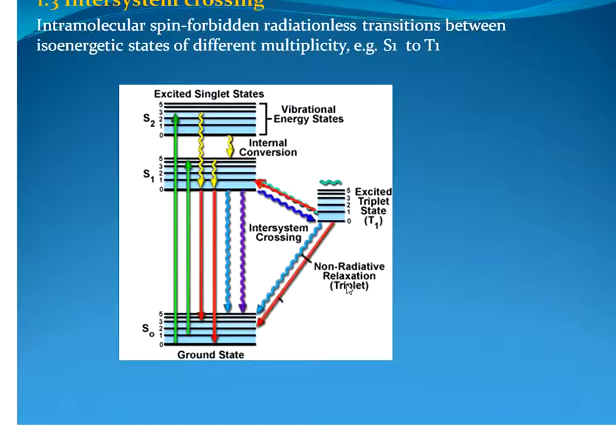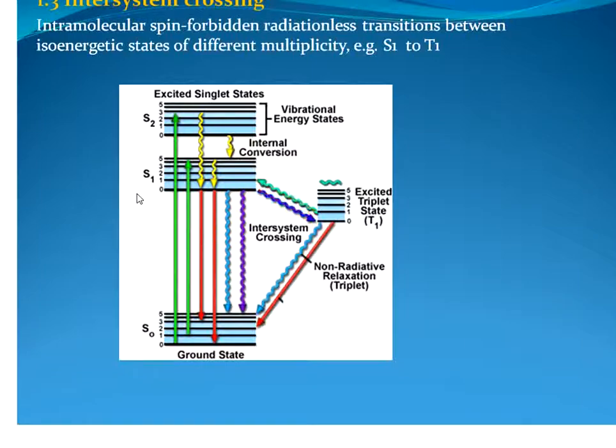We can also have the intersystem crossing, an intramolecular spin-forbidden radiationless transition between isoenergetic states of different multiplicity. In other words, from singlet to triplet or triplet to singlet. This is what we mean: an electron can either move from singlet to triplet or from triplet to singlet.